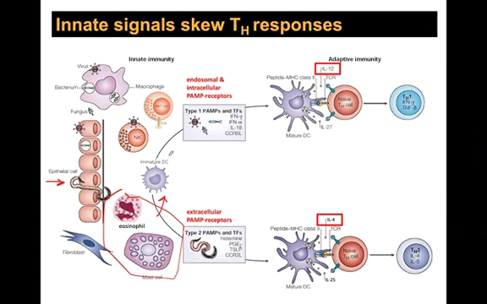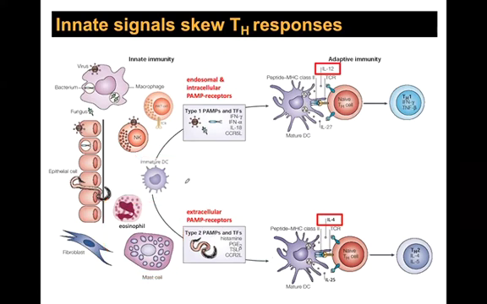And if this dendritic cell is in that environment, it's going to get PAMP signals from extracellular toll-like receptors. So it's sensing either lipopolysaccharides or different forms of lipids or sugars that it can recognize on that parasite.